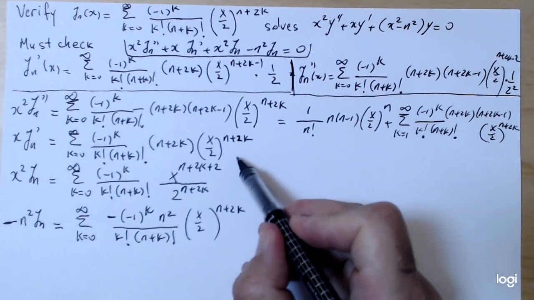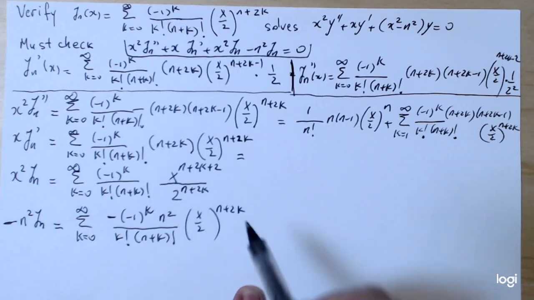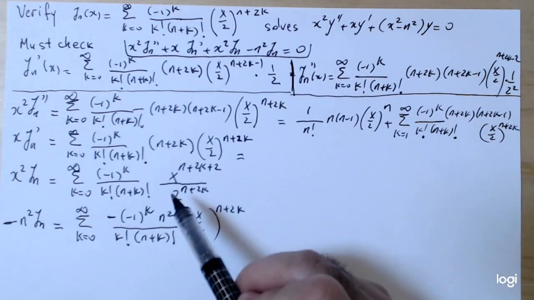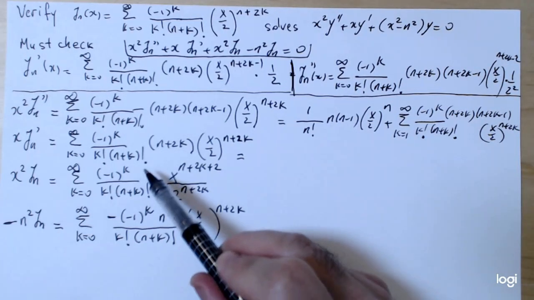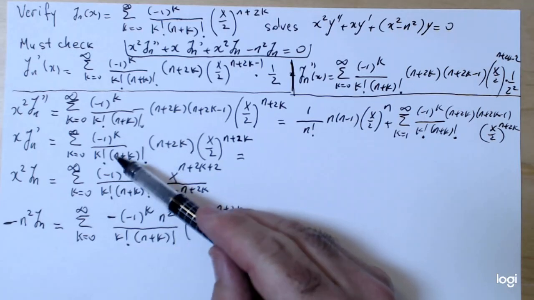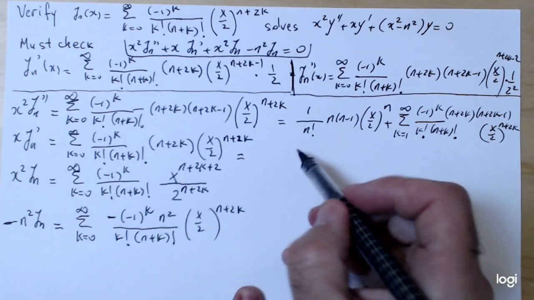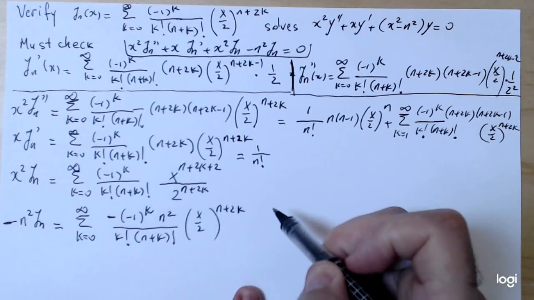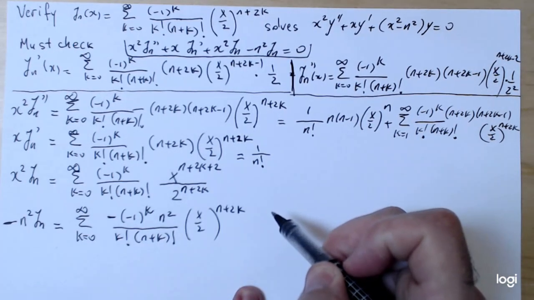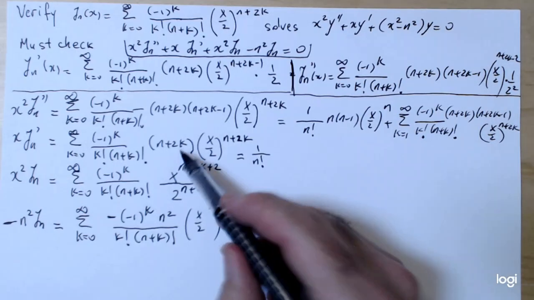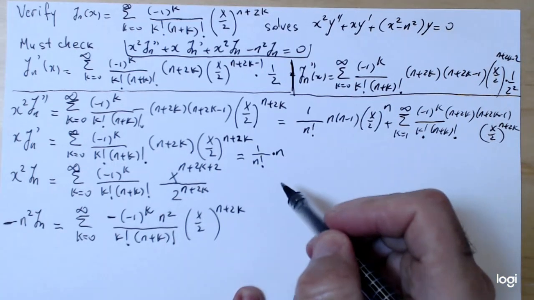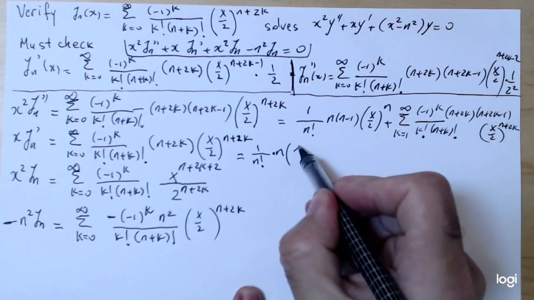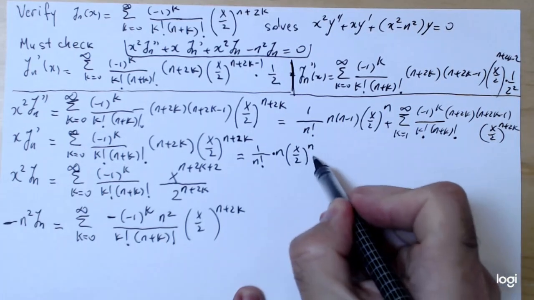All right, let's do this one again the same way. We're going to copy the first term, minus 1 to the 0. That's 1 again over n factorial. Then it's just n, and then x over 2 to the power n.